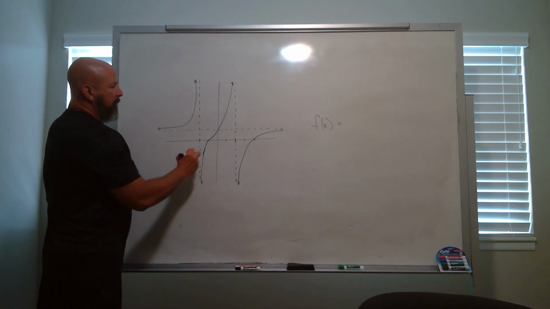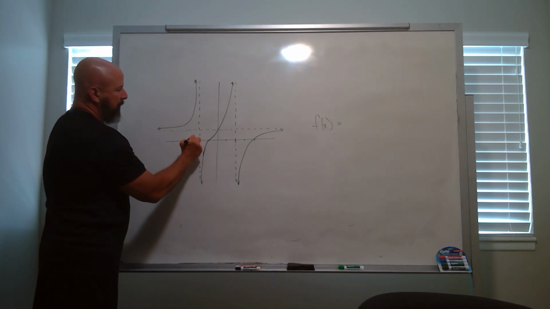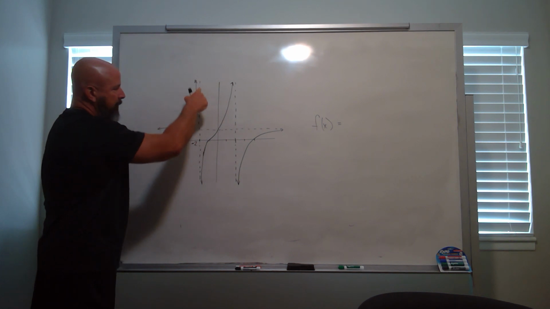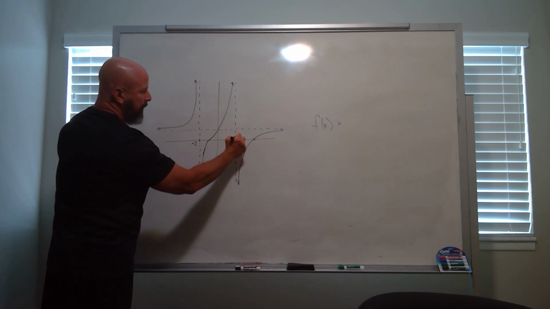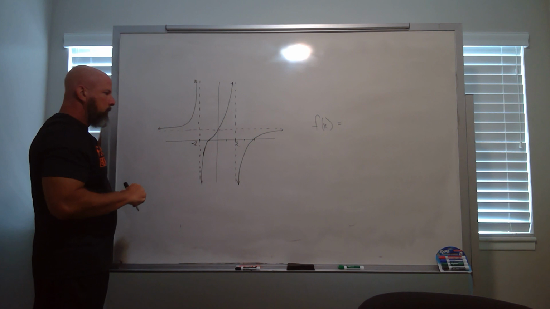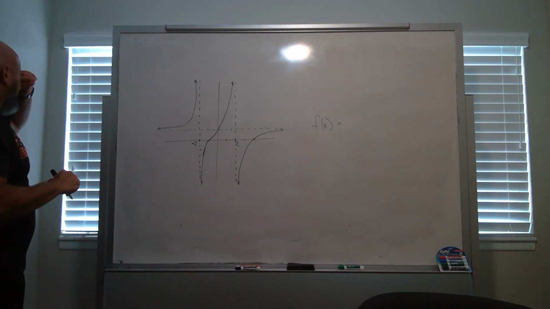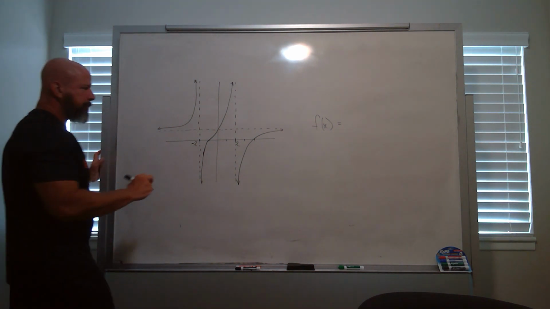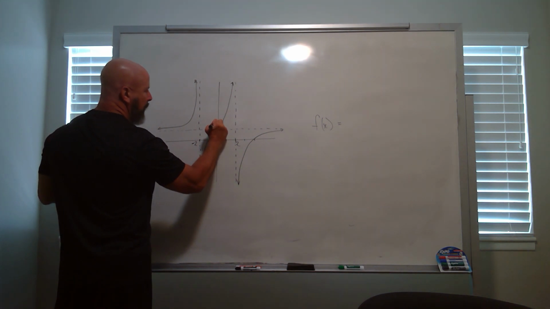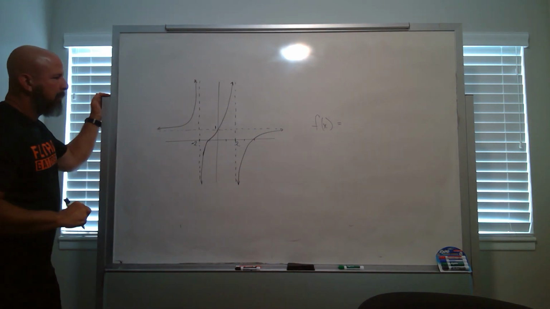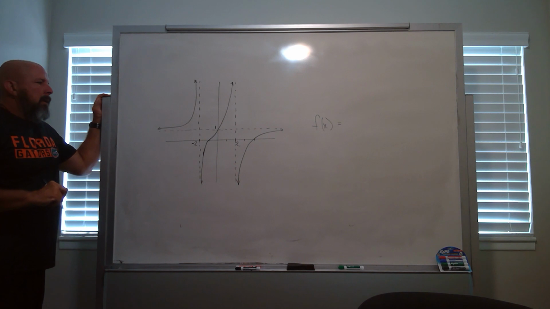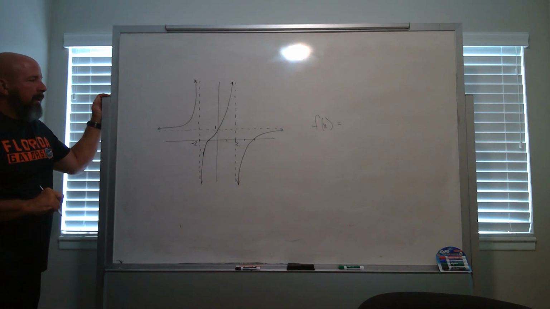Number 1, vertical asymptotes. I've got a vertical asymptote right here at -2, and I've got another one here at 2. Next important piece, horizontal asymptote. Right there at 1. Next one would be x-intercepts.